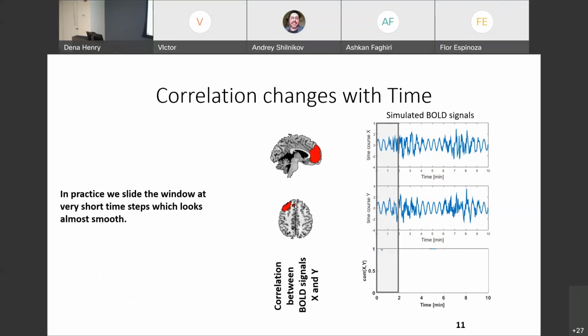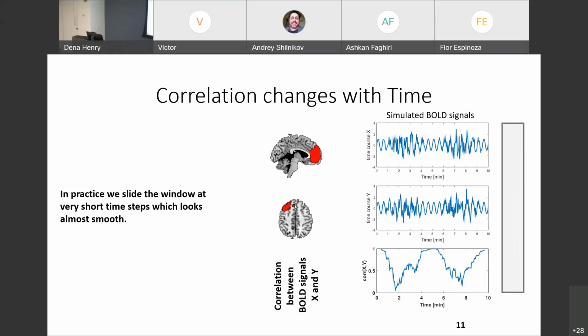So instead of choosing just 3 points in time, we take a sliding window, which is that we take a piece of the information, estimate the correlation, and then move the window. Every time course, every TR of the scan, we move the window until we get a better history of what is happening with the correlation in time.